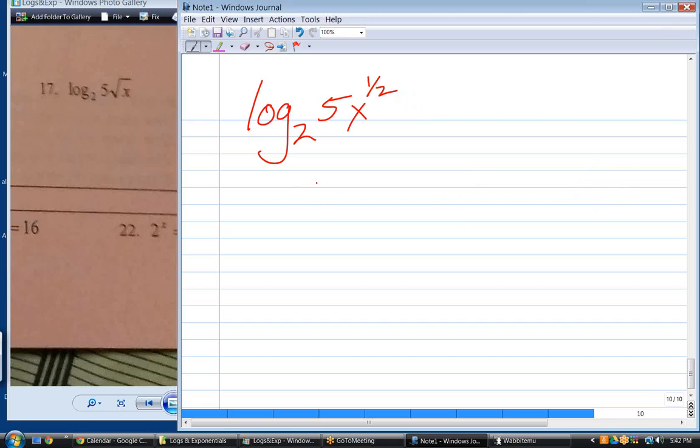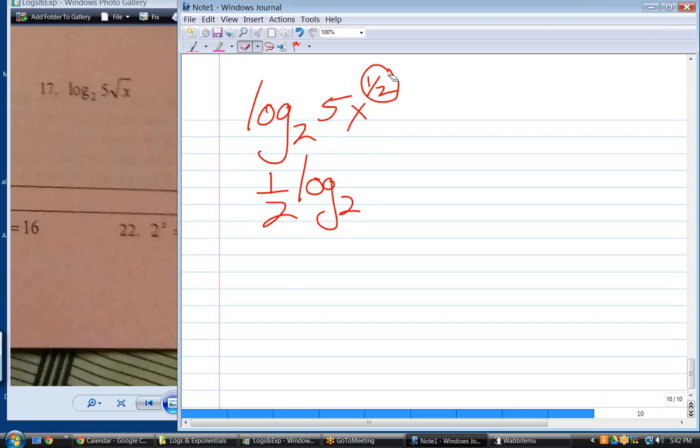Now, expand it. You can do it step by step or just give me the final answer. Half log base 2 of 5 plus... okay, hold on one moment. That half does not apply to the 5. Notice that there are not parentheses there, and the 5 was not inside the radical sign.